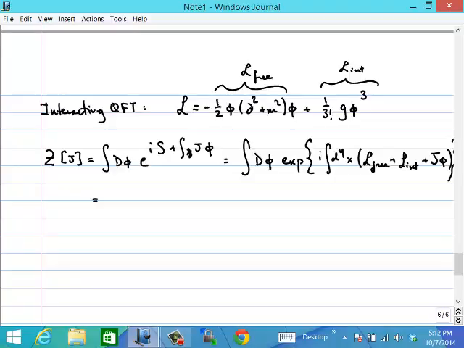So what that means is that I could actually rewrite this generating function as follows. I could rewrite this as the exponential of the integral d^4x of this interaction term, but every time I have a phi(x) in that interaction term, I'll just replace it by a derivative with respect to the source J(x).